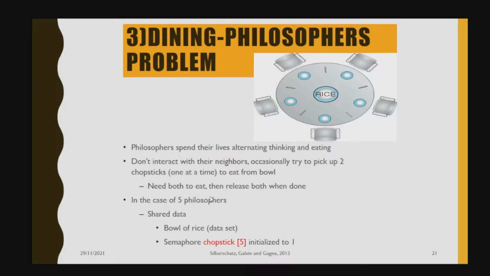They need both to eat, then release both when done. This one refers to the chopstick. Okay, refer to this picture, we have a big bowl of rice, and when you want to use it, you need to use the two chopsticks.